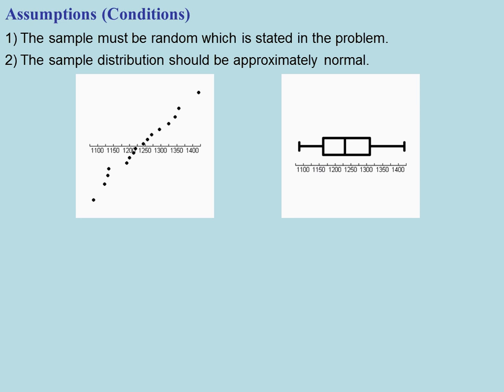Then what I did is show you a box plot to show you hopefully that there are no outliers, which is important. We do not want outliers. To get your box plot to show up, go back to 2nd Y=, back to your stat plot.